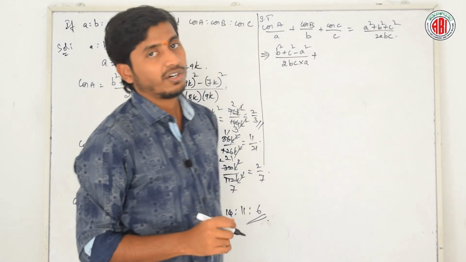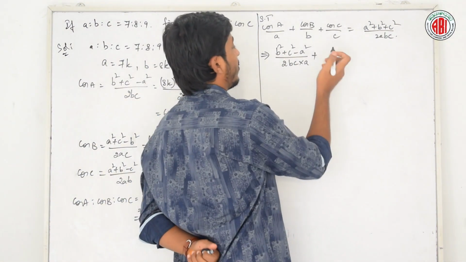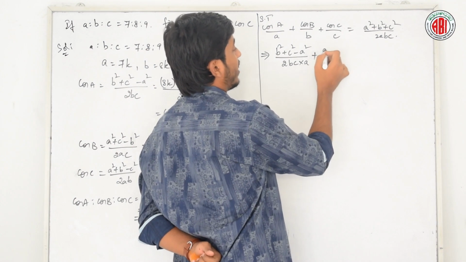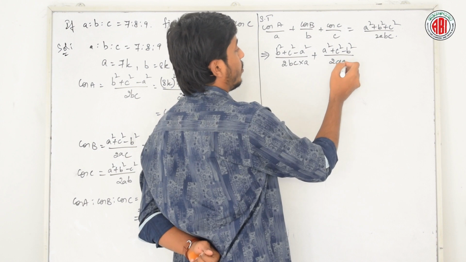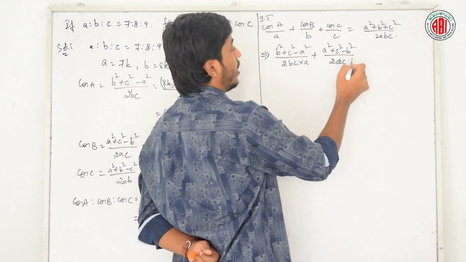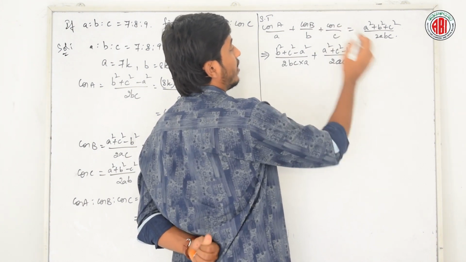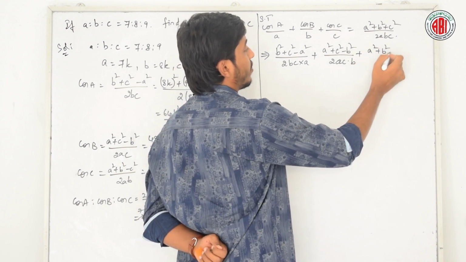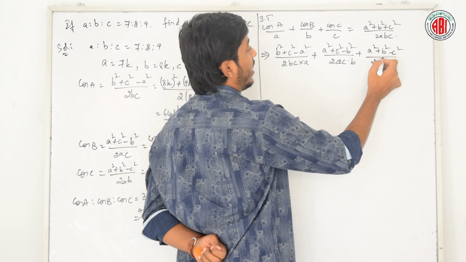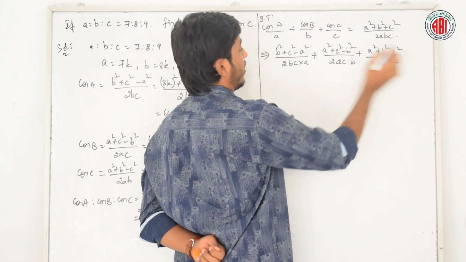Therefore, that will go into denominator. Here, what is the formula of cos B? Cos B formula is A square plus C square minus B square by 2AC, into B, plus what is the formula of cos C? Cos C is A square plus B square minus C square divided by 2AB. Already there is C here.